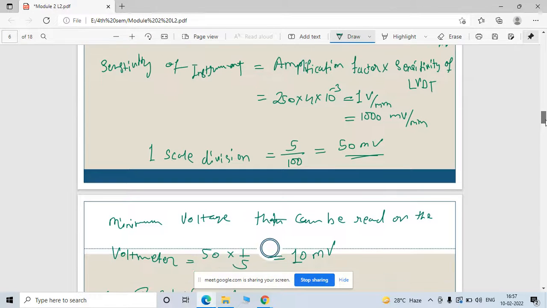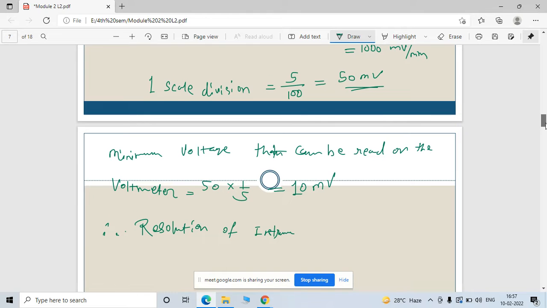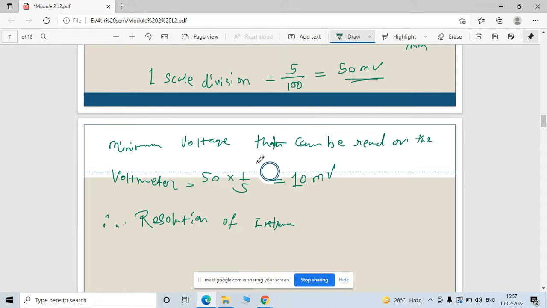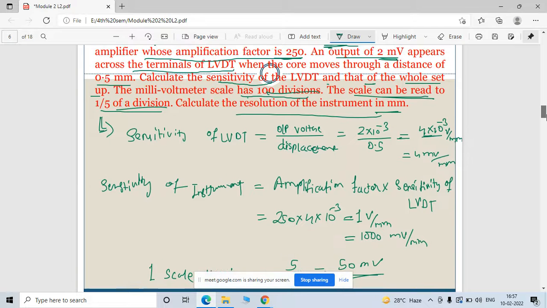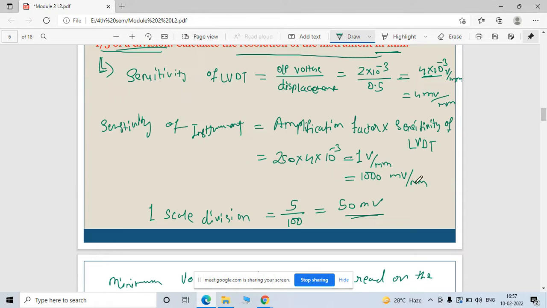Resolution is nothing but this minimum voltage that can be read, which is your 10 millivolt, divided by your sensitivity, which is this, right?